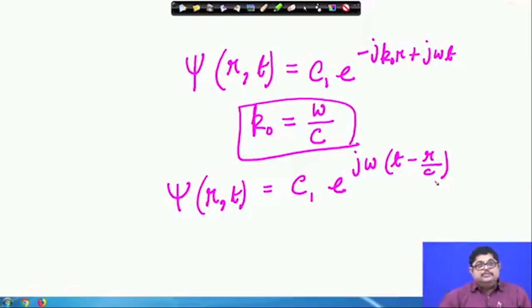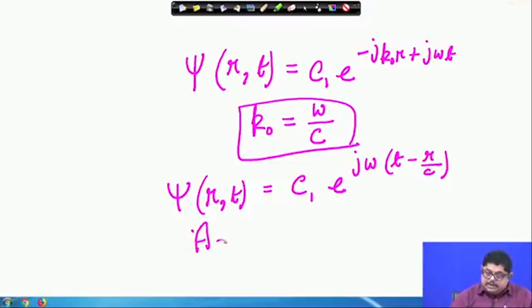This phi is called the retarded potential, because due to this delay the potential is getting retarded in time. So, this is a wave solution, and here still we have to find the value of C1, that we will do. Again, if we suppress the time variation, we come back.